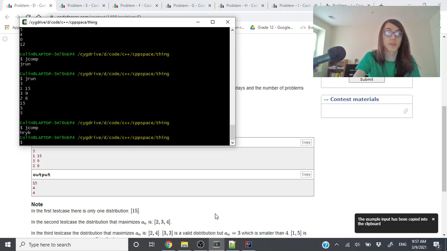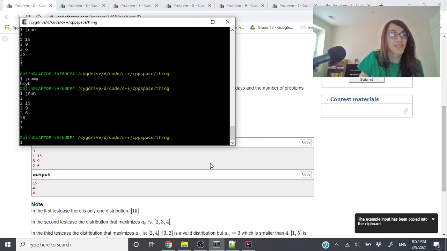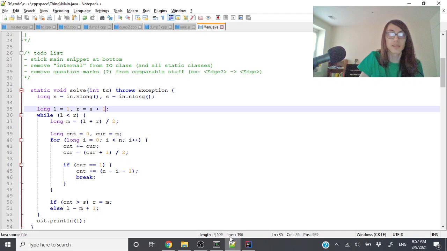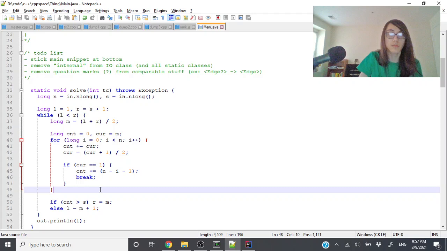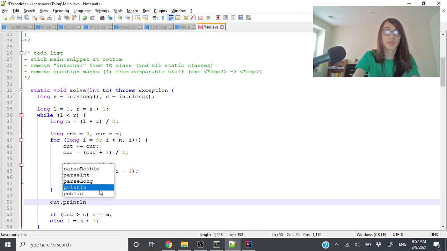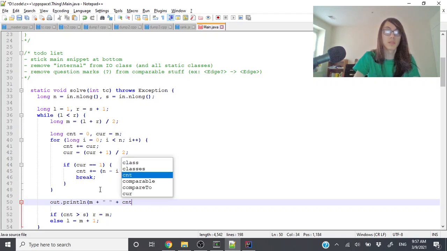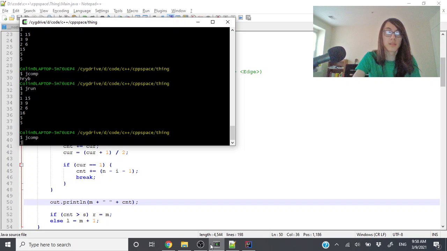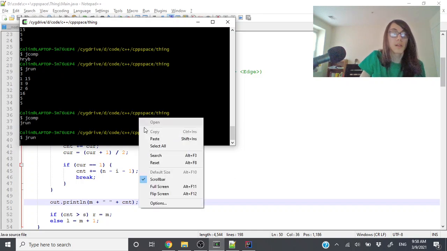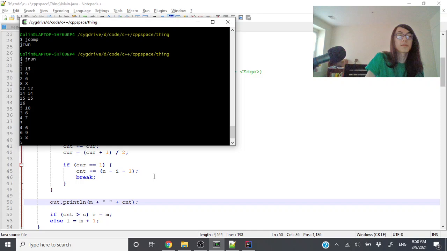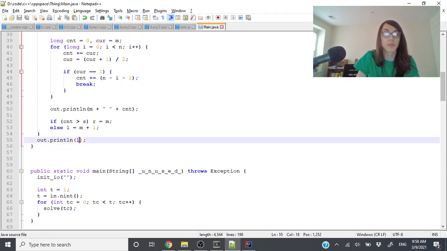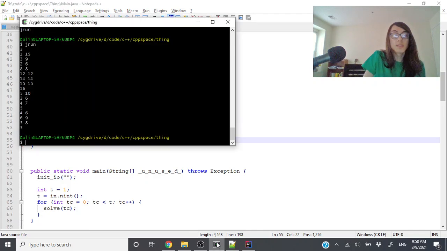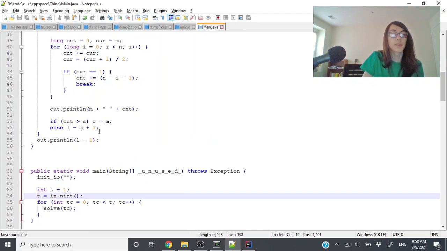I'm not actually sure how that worked. That should not have worked, but what? Now I'm confused. Why would that be? Okay, so 12, 12, 14, 14, 15, 15. Oh, we have to do minus 1, because this is the lowest value that works.